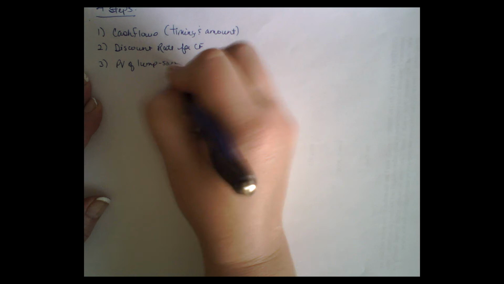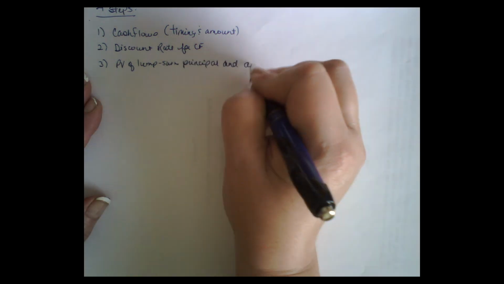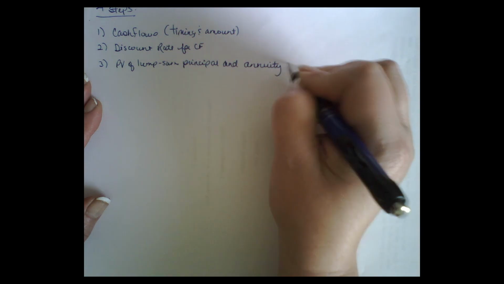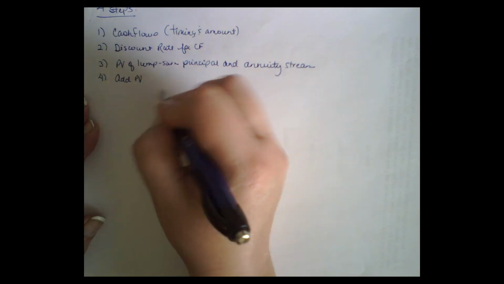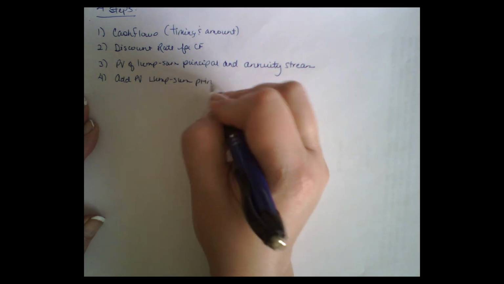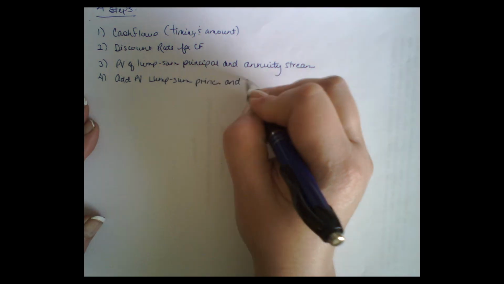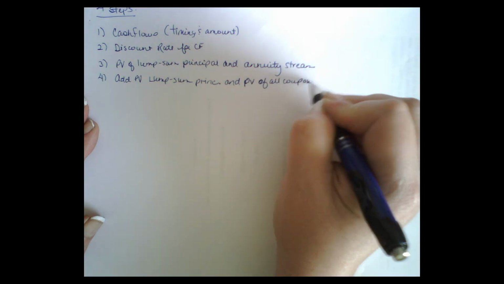The third step is to find the present value of the lump sum principal and the annuity stream. And the final step is to add the present value of the lump sum principal and the present value of all the coupons together, and that will give you the final bond price.